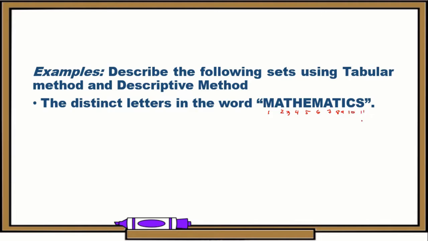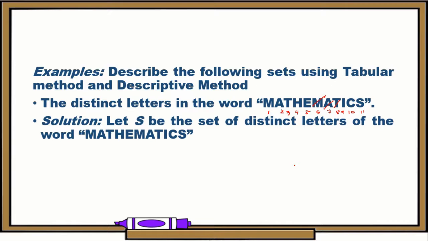We have 11 letters. Are the 11 letters distinct from one another? No. If you will take notice, the letters M, A, and T are repeated twice. So, if we are going to write this using the tabular method, we only have to write the letters M, A, and T once.